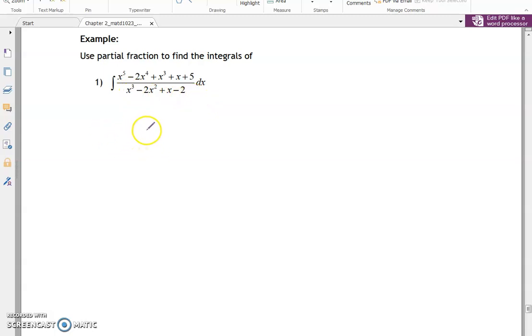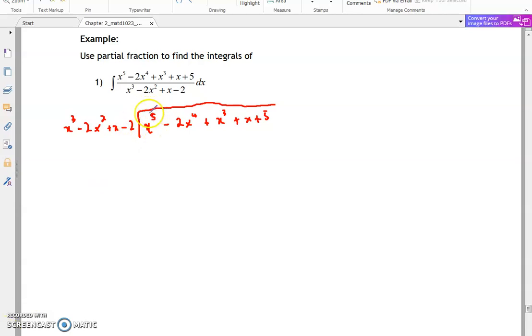So you get x to the power of 5 minus 2x to the power of 4 plus x cubed plus x plus 5, divided by your denominator, which is x cubed minus 2x squared plus x minus 2.